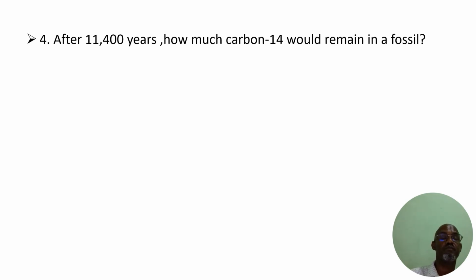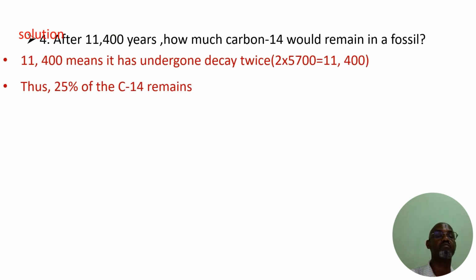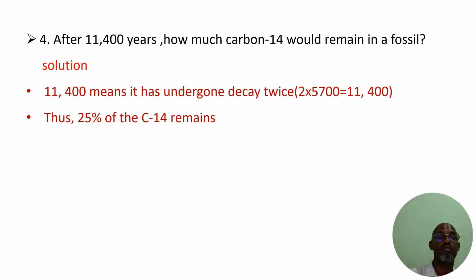This means from 100 to 50, from 50 to 25. Therefore, 25% remains. 11,400 means it has undergone decay twice. 2 times 5,700 means 11,400. Thus, if it decays 2 times from 100 to 50%, from 50 to 25%, therefore 25% of the carbon-14 remains.